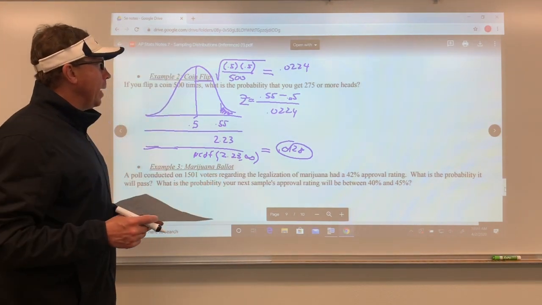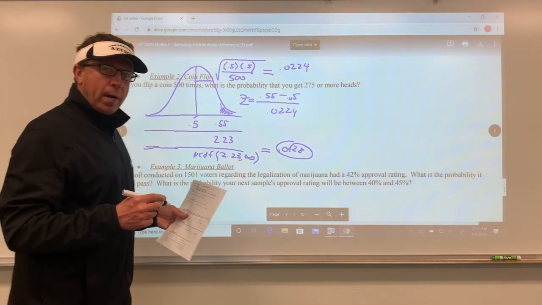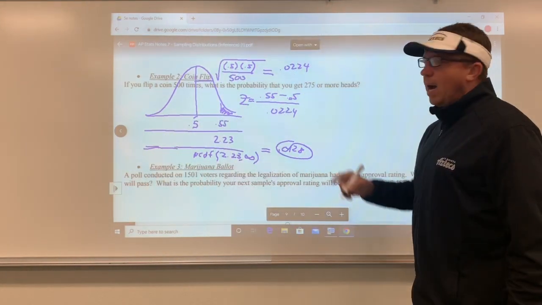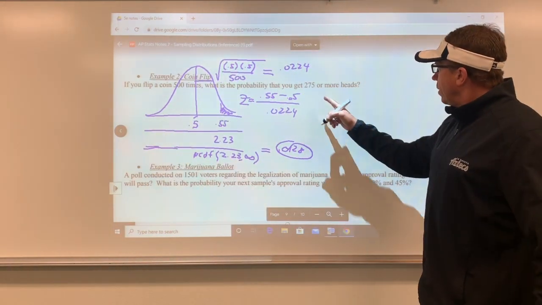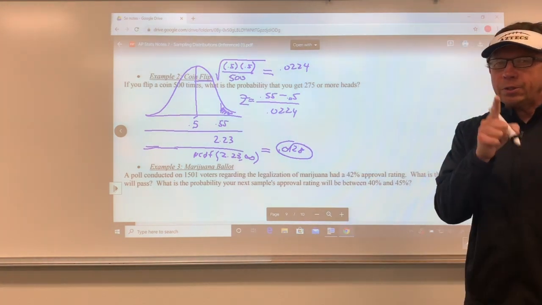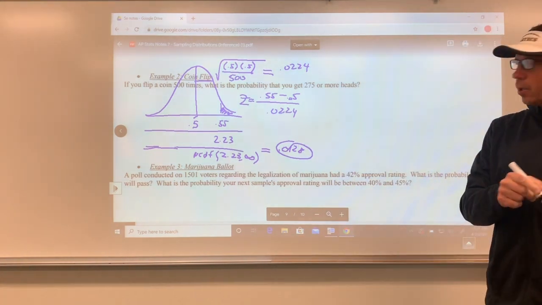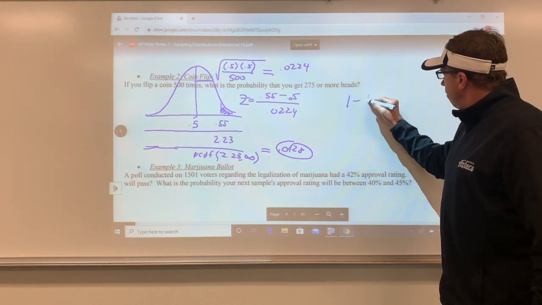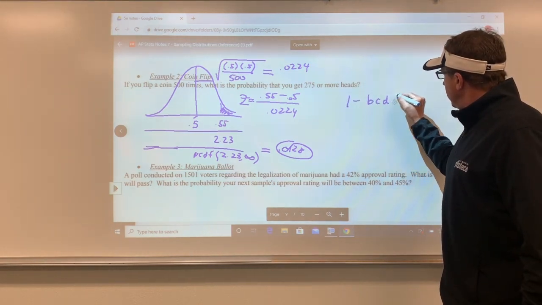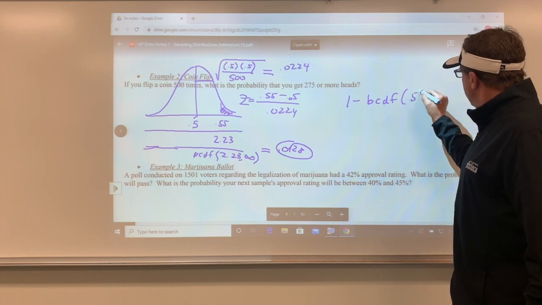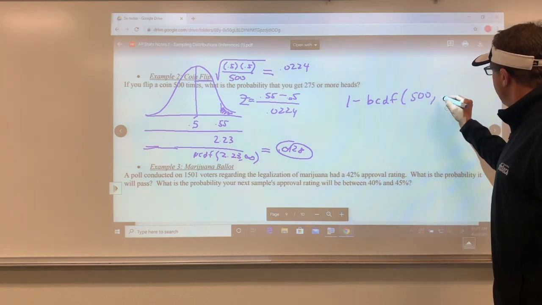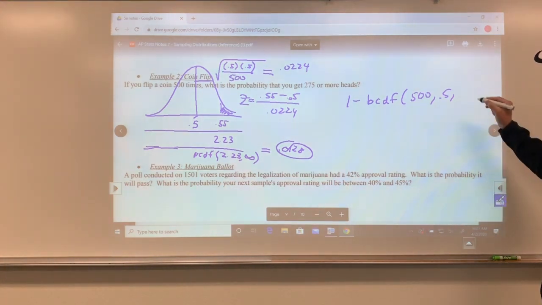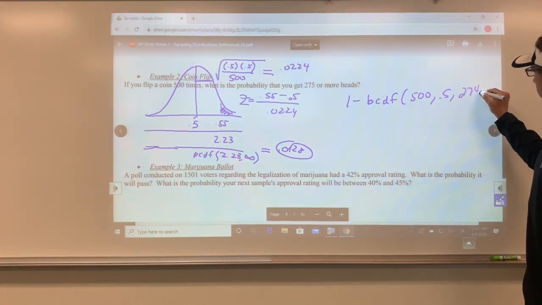So if you're reviewing chapter 6 or previewing it, let me do that problem for you as well, okay? So in this situation, I want to know the probability of getting 275 or more. So 275 or more includes 275. So what I have to do is I'm going to go 1 minus binomial CDF, 500 flips, 0.5 chance of success, and I'm going to type in 274.